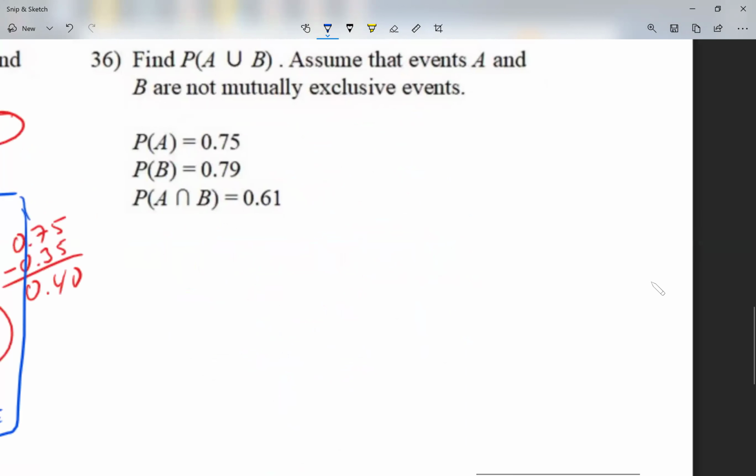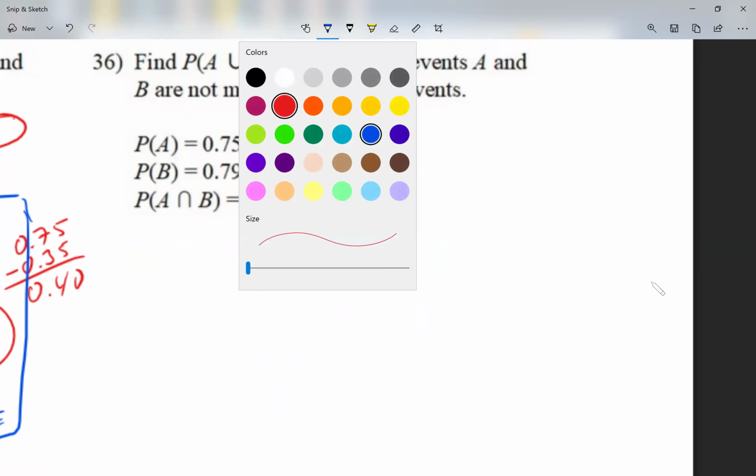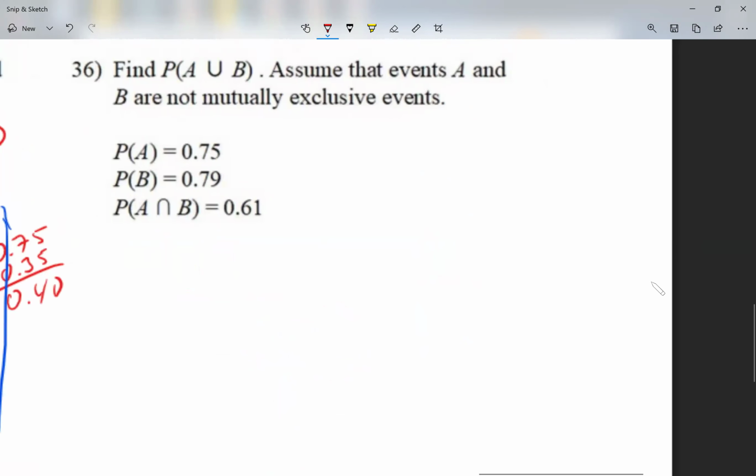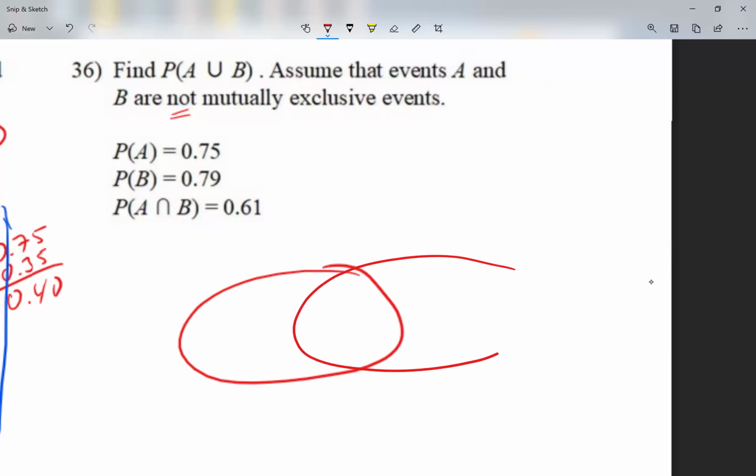Let's take a look at another example here. Find probability of A union B. Assume that events A and B are not mutually exclusive. So not means they do overlap. Here's probability of A, here's probability of B. I have the probability of A 0.75, probability of B 0.79, and probability of A intersect B, so the overlap, is 0.61.